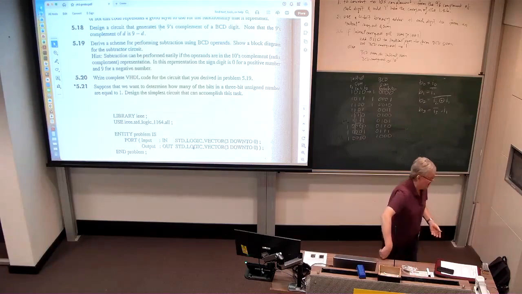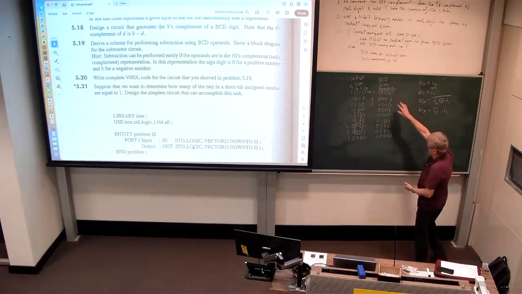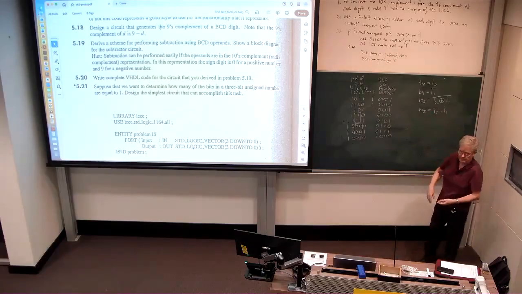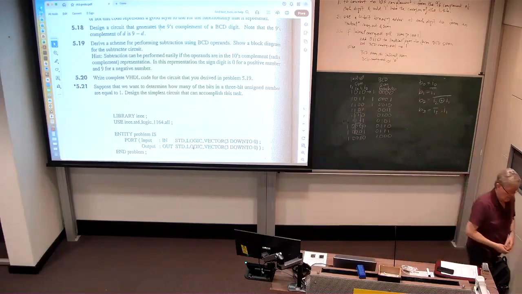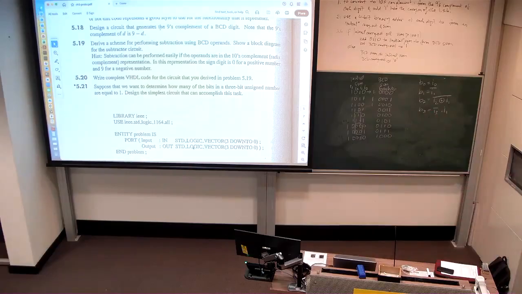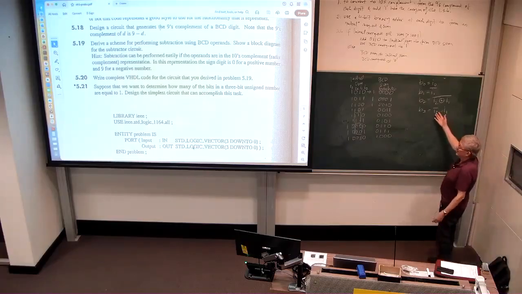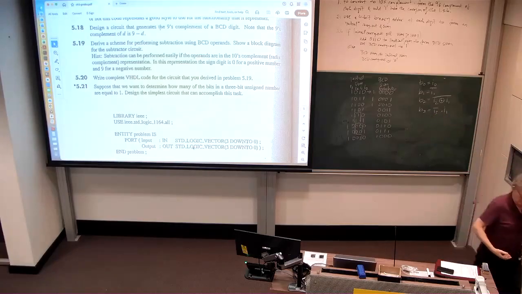Being able to potentially read off from the truth table what the equations are, rather than relying on a Karnaugh map, which of course is going to take a lot longer to build up. You still might have to justify how you obtained this, but that might still be quicker than drawing up a Karnaugh map.